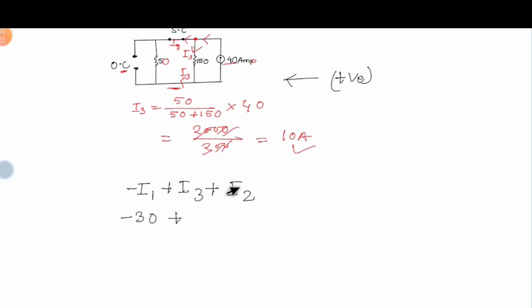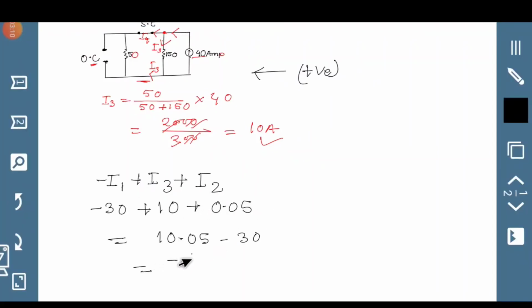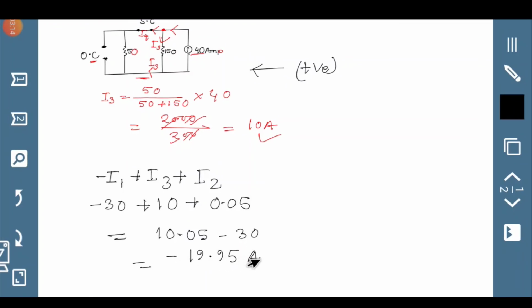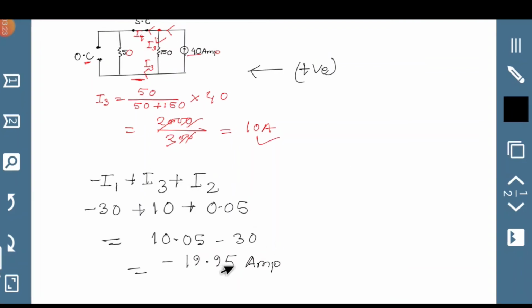So the I3 value is 10 and the I2 value is 0.05, minus 30, which gives minus 19.95 ampere. We have considered this direction.